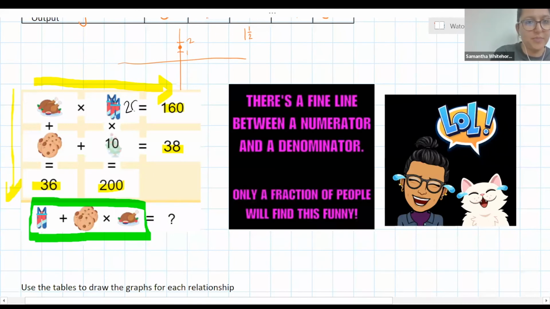So 2 pairs of pants are worth 20. Excellent. Do you want to keep going? Yes. For the one on top, I said 160 divided by 20, and it gave me 8. Excellent. So 2 roast chickens are 8.